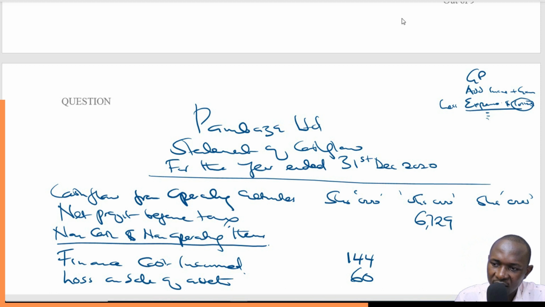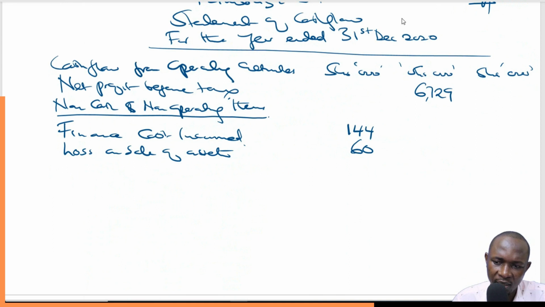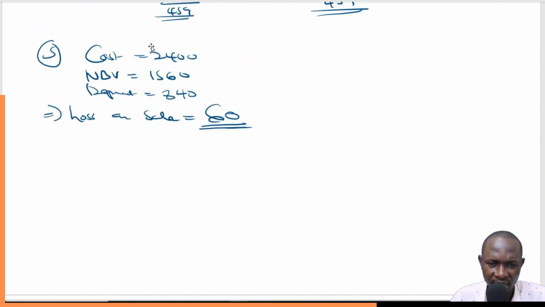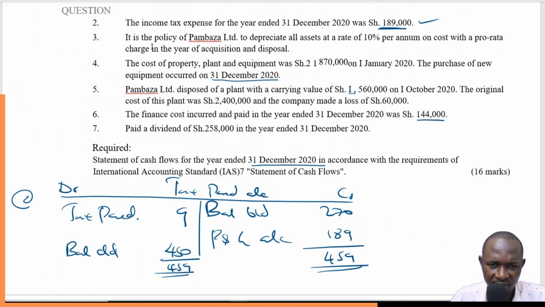So we want to negate whatever it is that we did, so that it takes its rightful place, which is the investment activities. So here the loss we had deducted, so we simply add back. You can see now the 60 loss we add back because we had deducted. Then let's see if there's anything else.